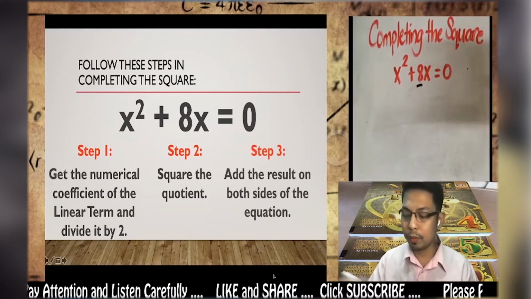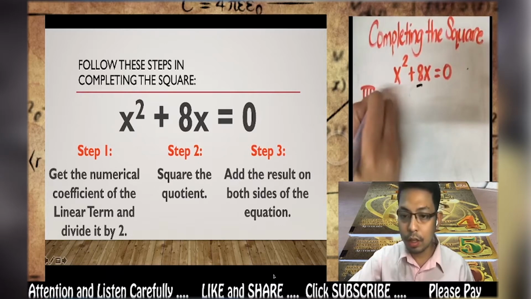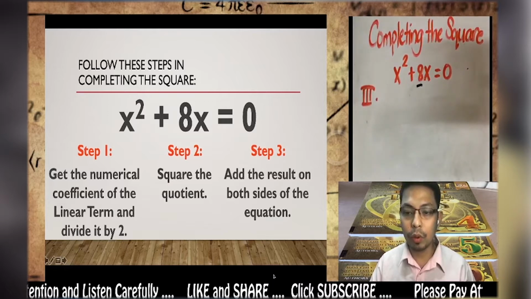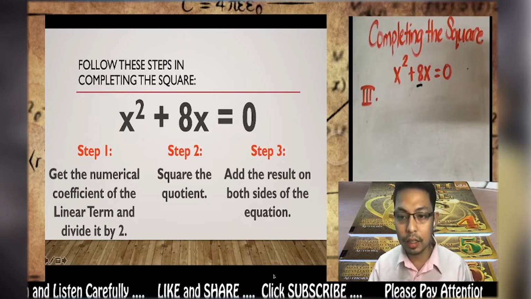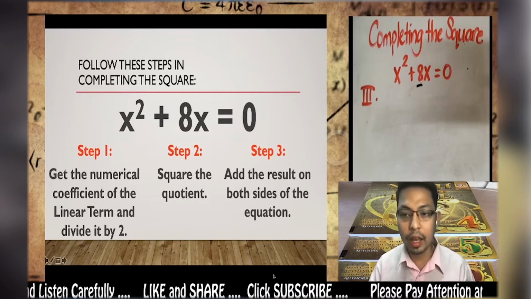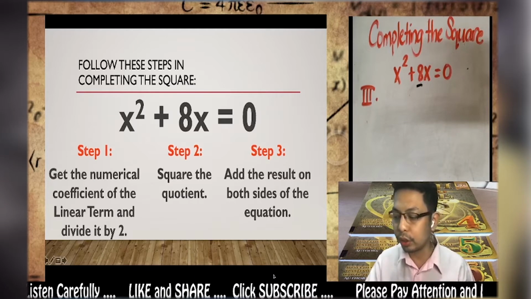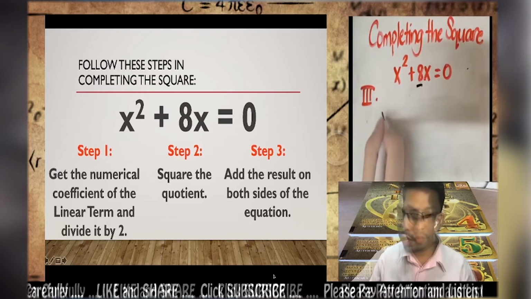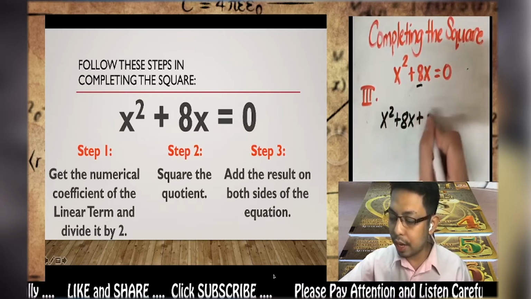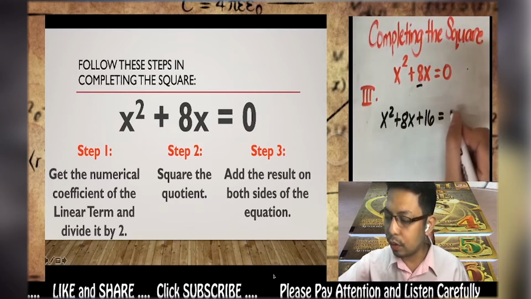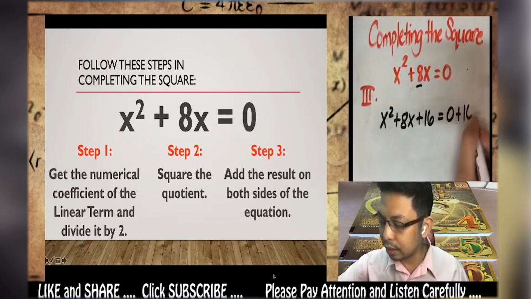Step 3, add the result on both sides of the equation. So we add 16 on the right hand side and on the left hand side of the equation. So we have x squared plus 8x plus 16 is equal to 0 plus 16.